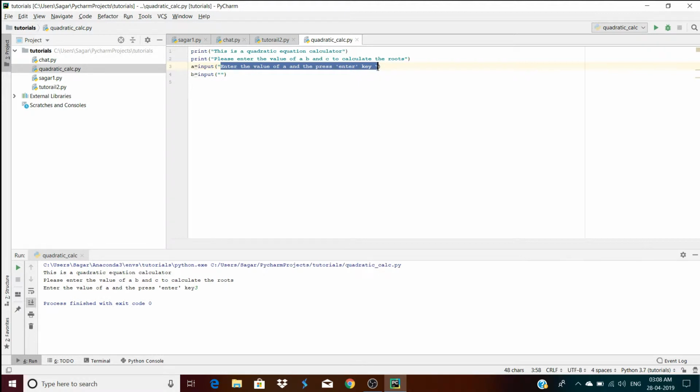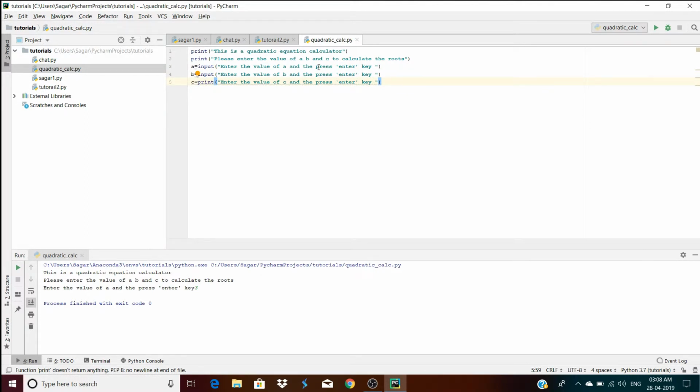Up till here will be clear for you all. So now again the same thing: c equals input and then quotes. Similarly I'll paste the same thing, add a c, and erase this double quotes. Up till here would be clear for you. We would first enter the value of a, then b, and then c.